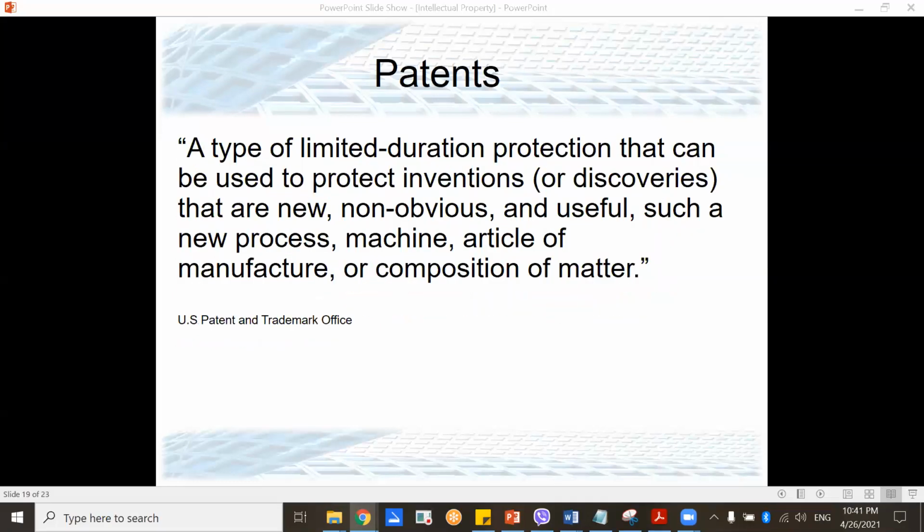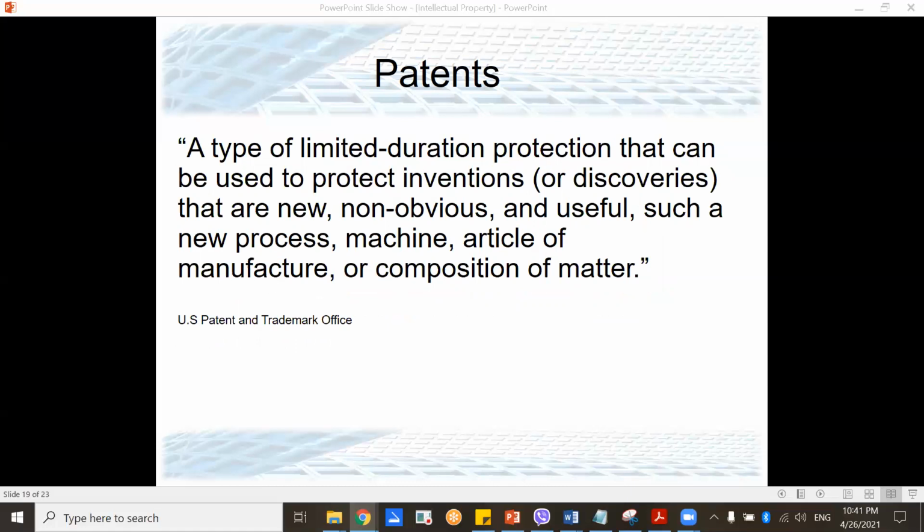The next one is patents, which is a type of limited duration protection that can be used to protect inventions or discoveries that are new, non-obvious, and useful, such as a new process, machine, article of manufacture, or composition of matter.